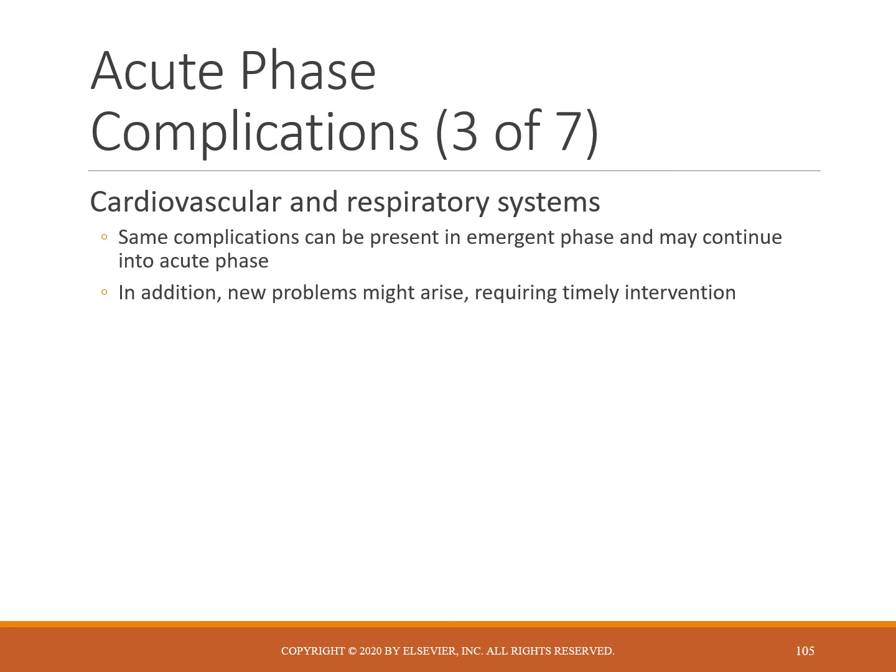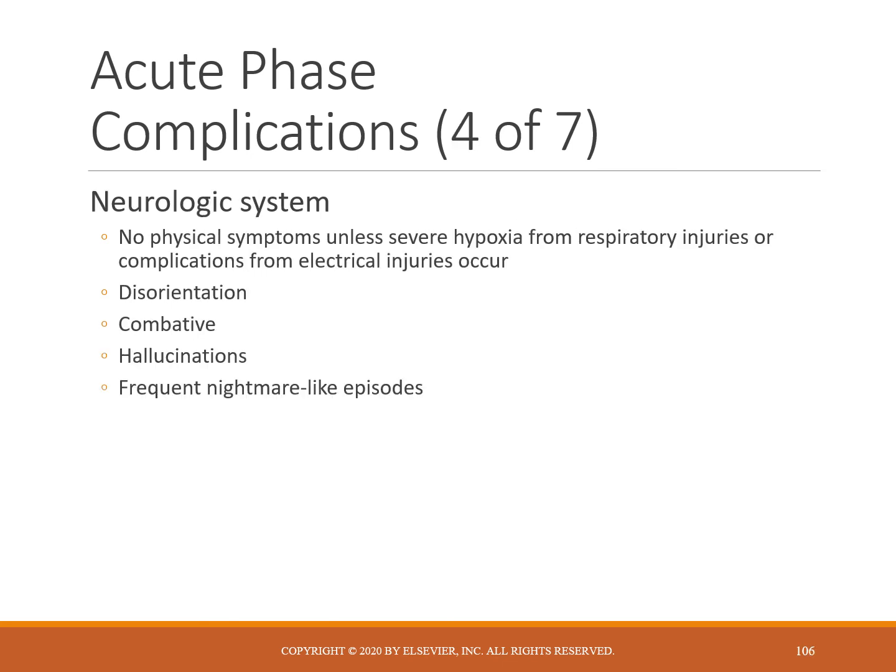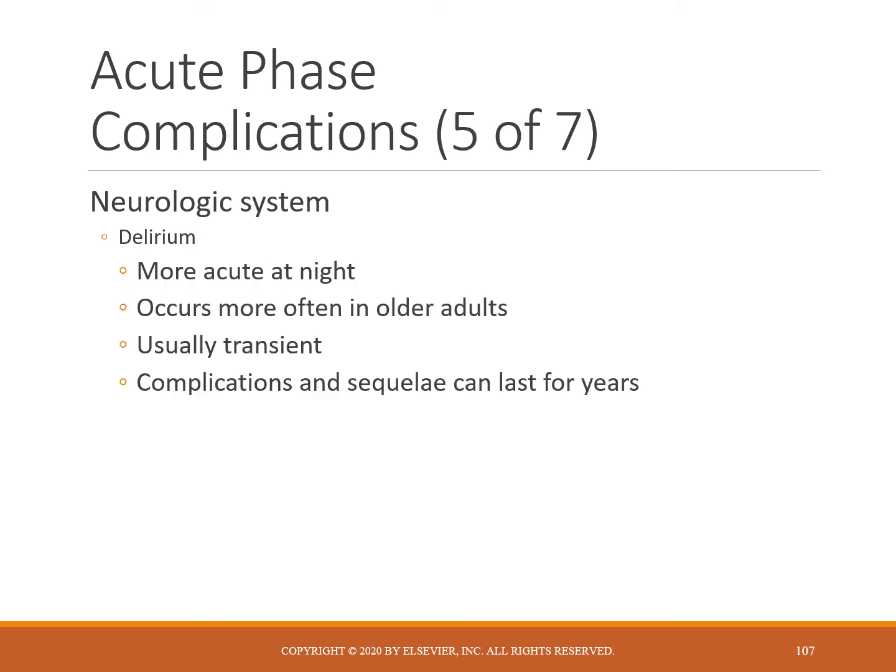Now, we also need to monitor their cardiac and respiratory system even though they're already in acute phase because some complications might arise. So we want to make sure that we intervene timely to this type of patients. And neurologically, your patient might still have altered mental status, so we need to provide patient safety, like delirium.